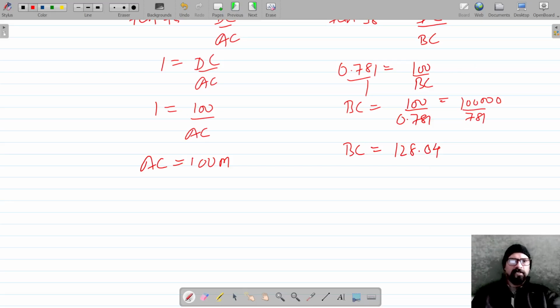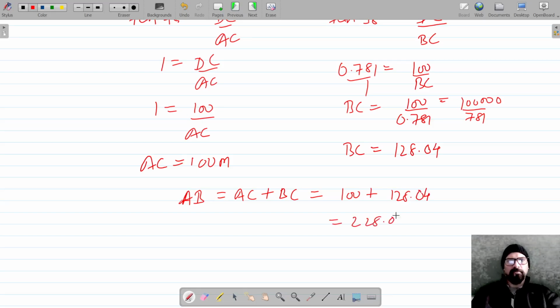Okay, now we have to find the distance, which is AB. So AB is AC plus BC, which is 100 plus 128.04, which gives me 228.04 meters. So this is the distance between the two ships.